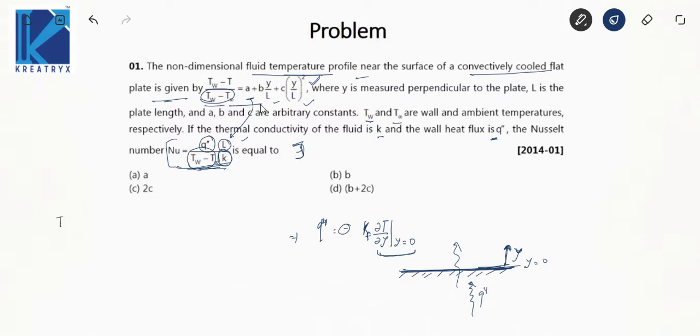I'm reorganizing this equation like this.